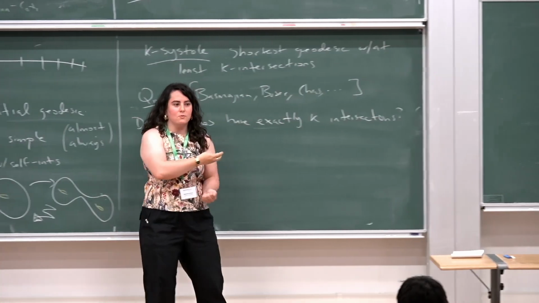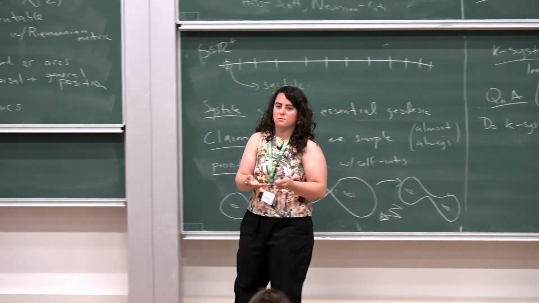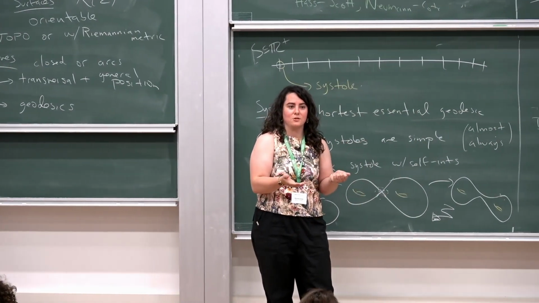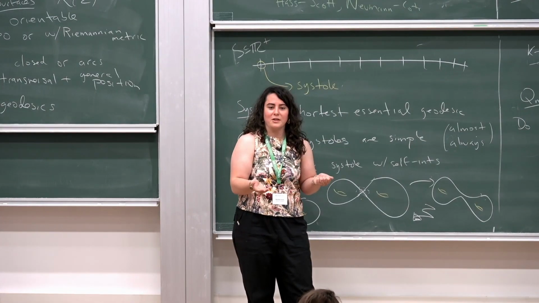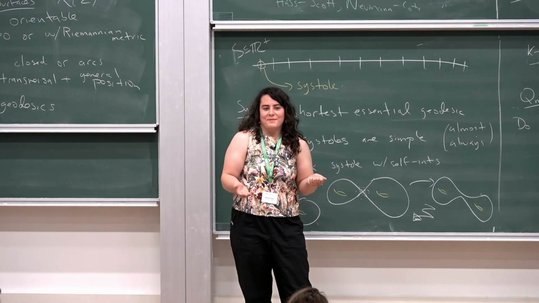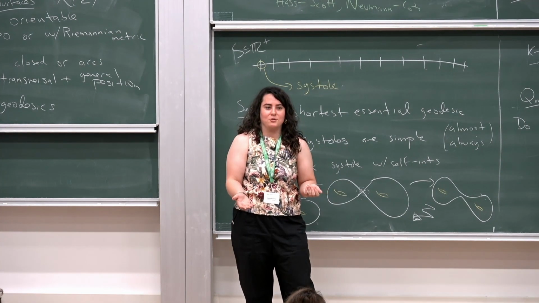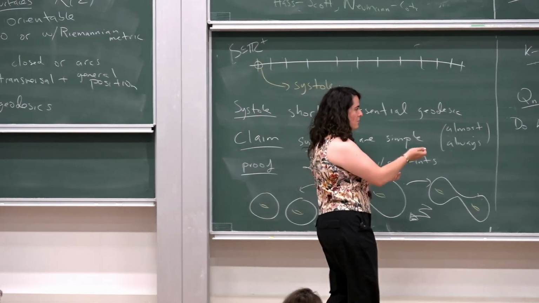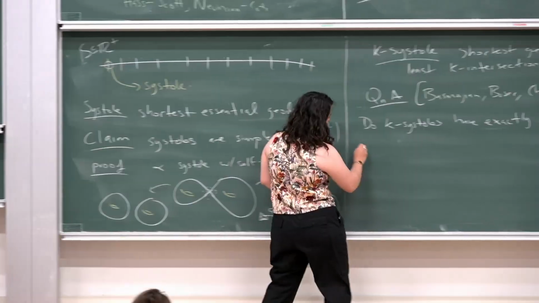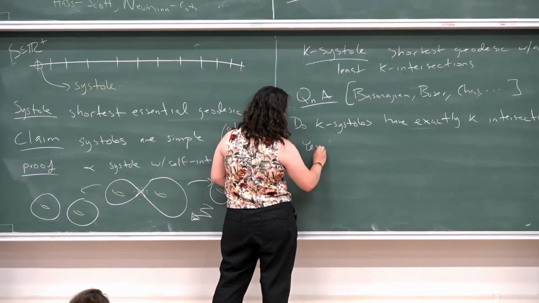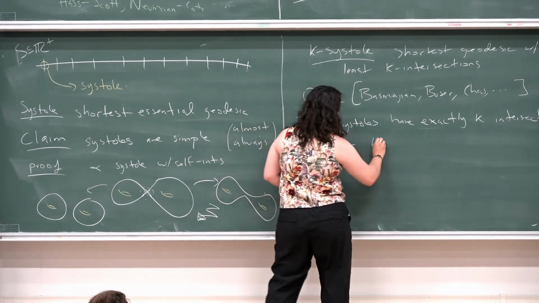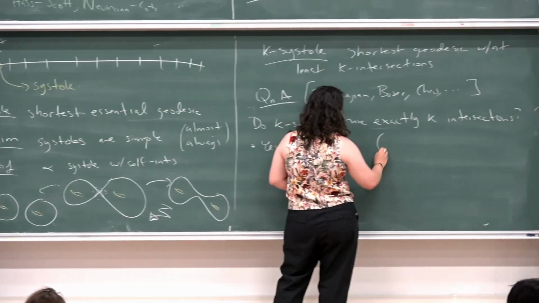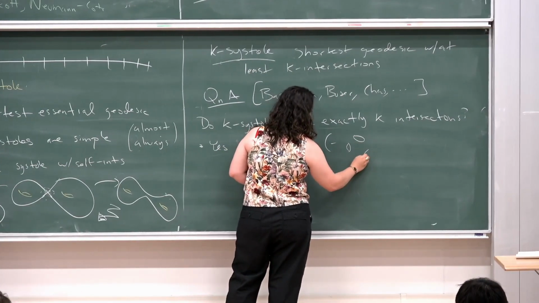So I think this is a natural question, because if I ask you for the shortest curve with at least 2 intersections, and you tell me that it has 100, that sounds counterintuitive. That sounds like it shouldn't be the case, right? So what do we know about this question? So we know that the answer is yes for K equals 0, we just proved it, at least in the case that you're not a pair of pants.